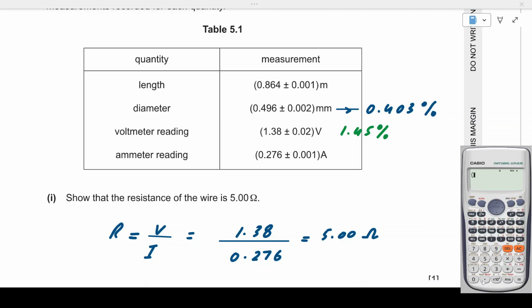Current would be 0.001 divided by 0.276 multiply by 100. How much? 0.36. What about the length? So length is 0.001 divided by 0.864 multiply by 100. We have 0.1115, or I can say 0.12.